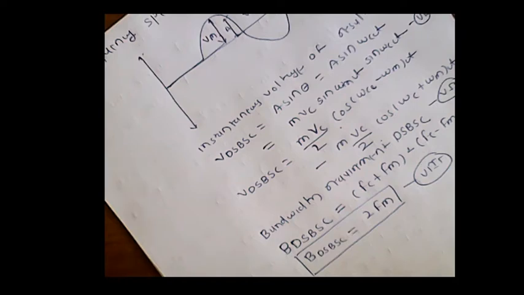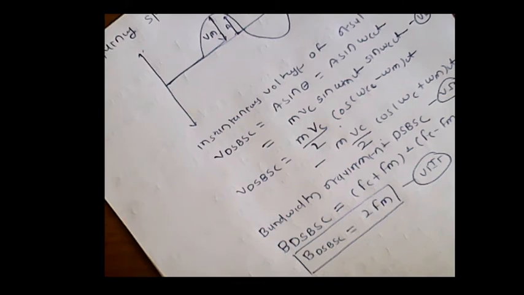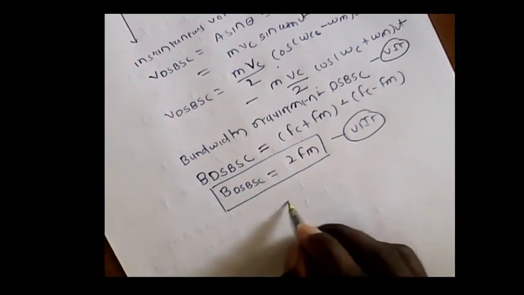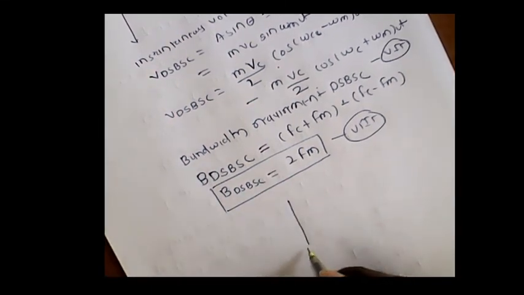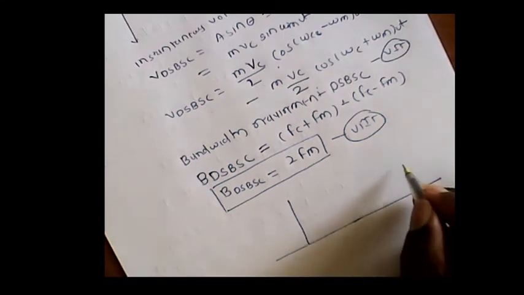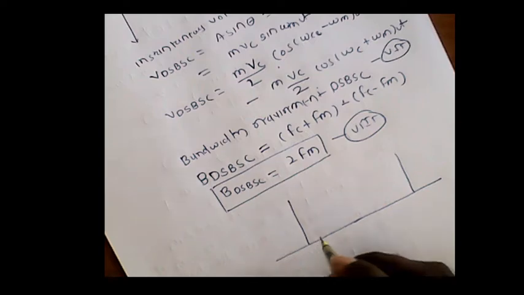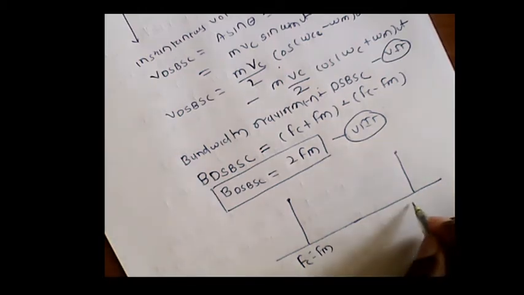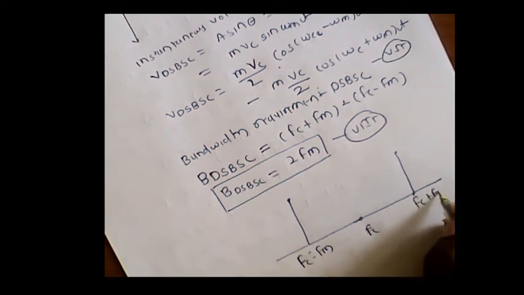The frequency spectrum shown consists of two discrete frequencies separated by twice fm. So we can draw the frequency spectrum for the double sideband suppressed carrier. This is fc minus fm, this is fc, and this is fc plus fm.